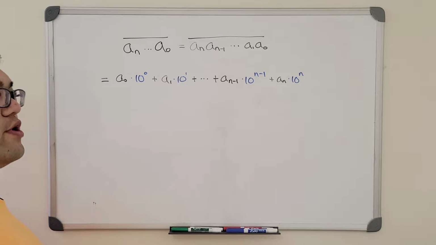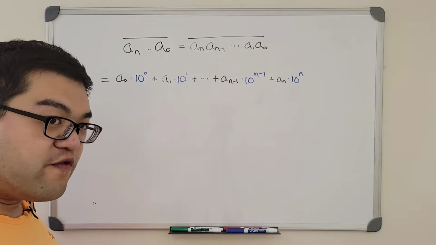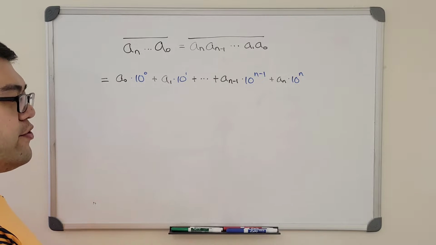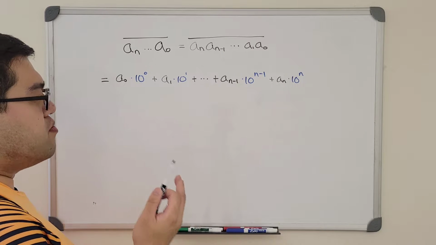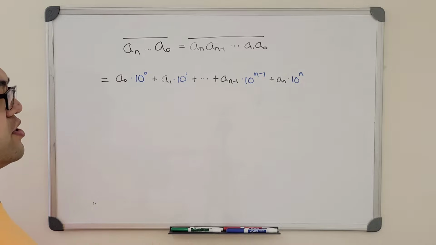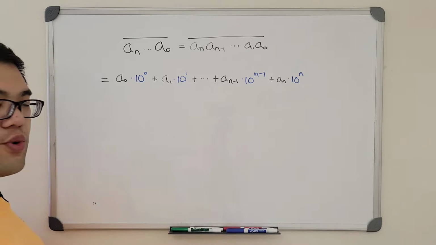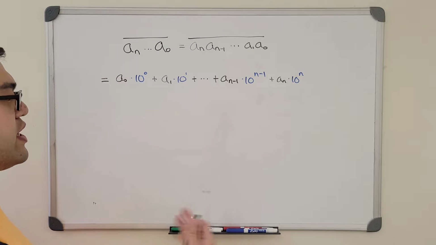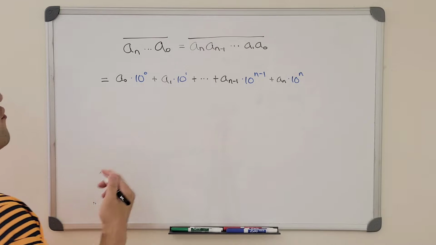So it doesn't really matter how big that number is, we don't have to worry about it. And since we're trying to find the remainder, again, we can use modulus. So we're going to use modular arithmetic to help us get the answer quickly and see why we can actually get the trick.